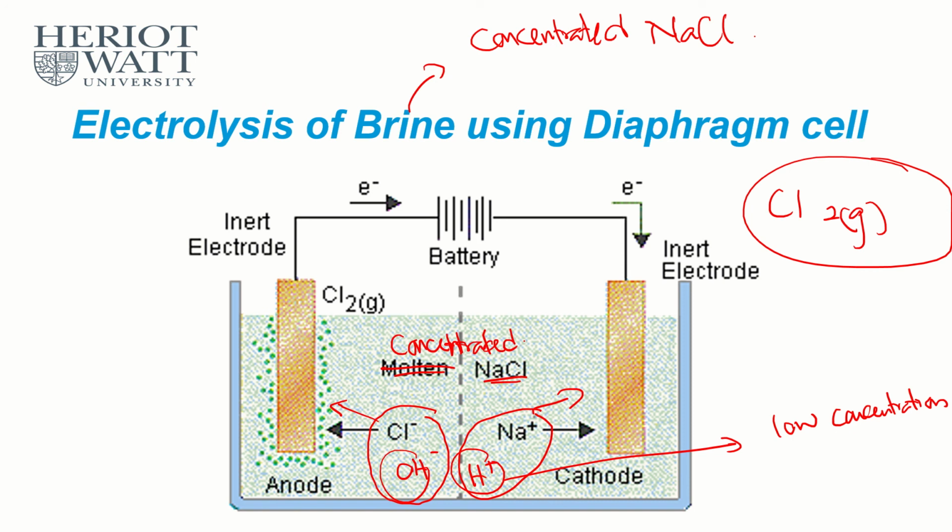Which one will reduce? Because we are breaking it down into the elemental state. When they are at the cathode, see that electrons are coming in. So the cathode is actually a provider of electrons. When a positive ion is attracted to it, it will accept electrons from the cathode and change back into a neutral element. But the electrons will go to sodium or hydrogen.